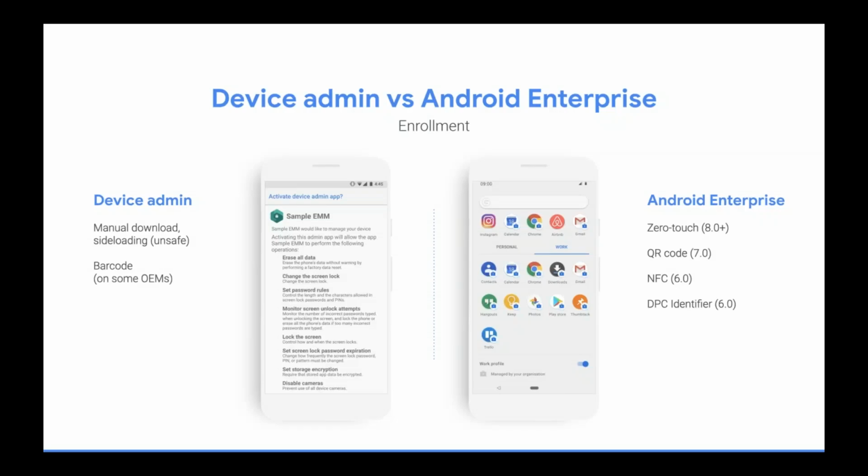From a provisioning perspective, again, the enrollment options that were available for device administrator were fairly rigid. You typically had to get the agent on the device in order to enroll the device, which meant you were either sideloading the application, so installing that app from a quote-unquote unknown source, which has some security risks, or you were doing barcode scanning for some OEMs, so there wasn't a consistent experience across device types.